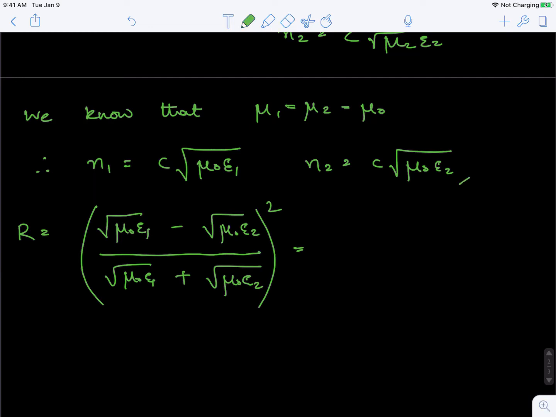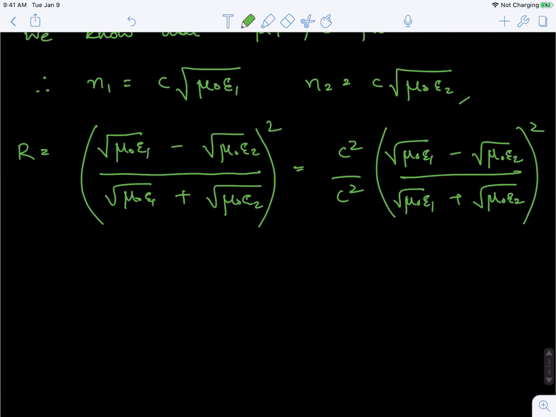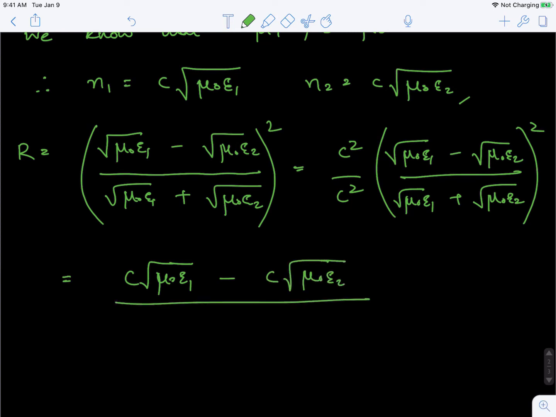Now let's rewrite R from the expression obtained earlier, and multiply both the numerator and denominator by C so that we can write R in terms of refractive indices. It will look like C square root of mu naught epsilon 1 minus C square root of mu naught epsilon 2, divided by C square root of mu naught epsilon 1 plus C square root of mu naught epsilon 2, whole square.